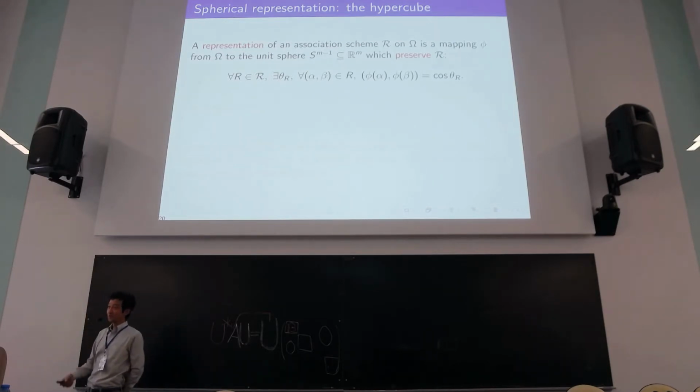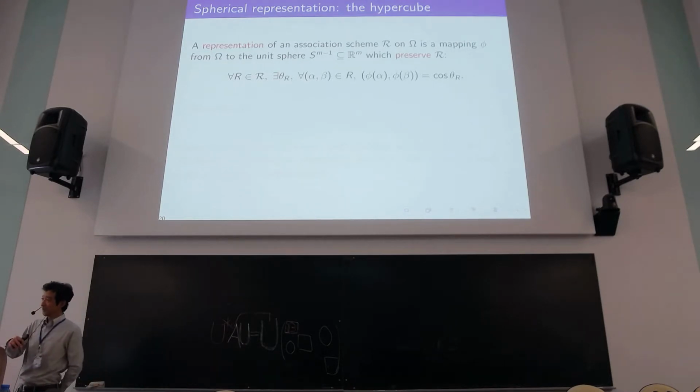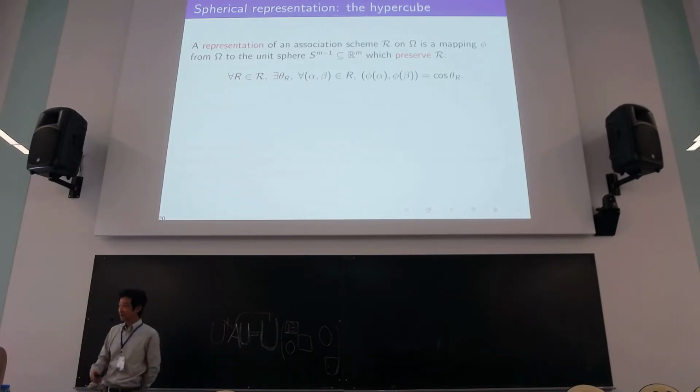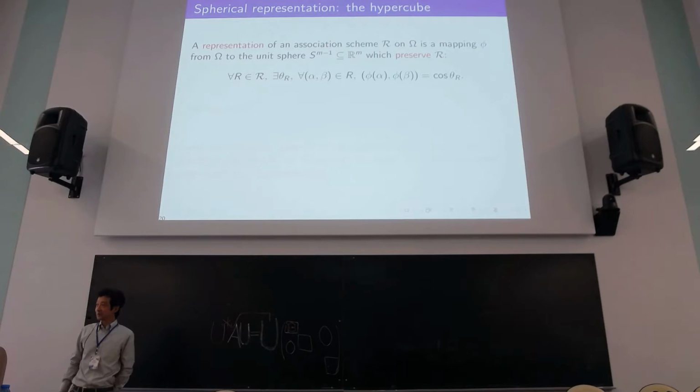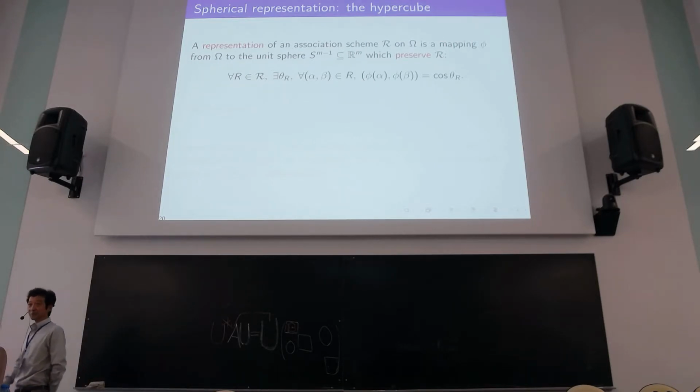A representation is a description of a typical object in some category, or I'm not sure the association scheme can be considered as a category in our context, but a group representation is a homomorphism into a typical object, like the symmetric group or general linear group, and a representation of an algebra is a homomorphism into the typical algebra, that is, a matrix algebra.